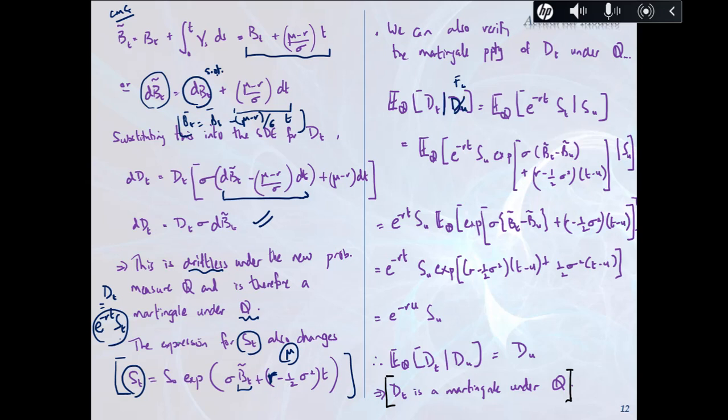Okay, so this should lead to D_u. t is greater than u, t is further in the timeline with respect to u. So the expectation under Q of D_t given F_u should be equal to D_u. So after simplification, you will see that this is well D_u. So we have checked that the CMG transformation that we have applied is well giving D_t being a martingale.